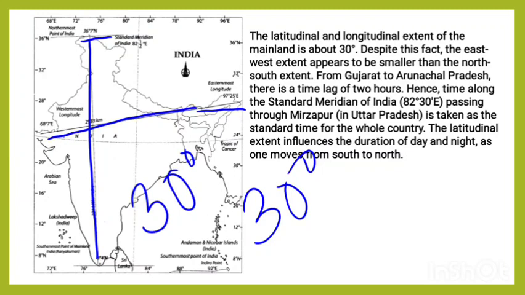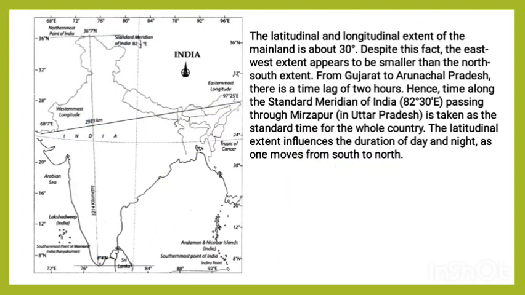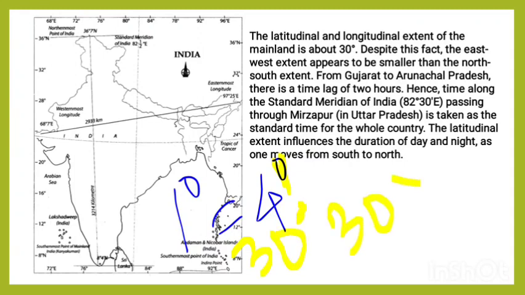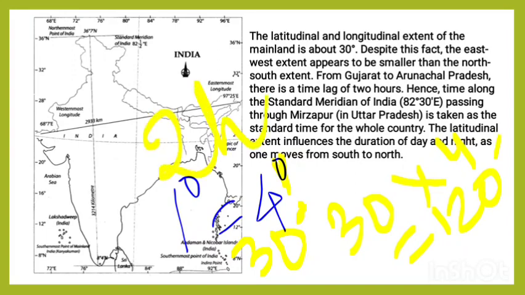So latitudinal and longitudinal difference is almost the same here. And as we know that 1 degree equals 4 minute, then 30 degree equals 30 into 4 equals 120 minute, means 2 hours. Okay, the difference between east and west is 2 hours.